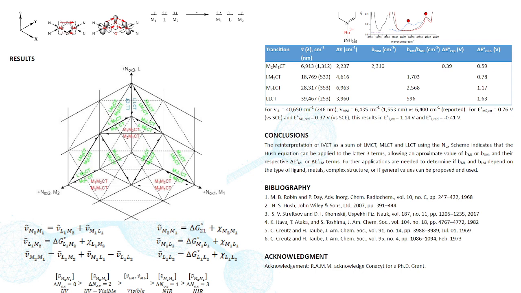which, considering that metal charge transfers are usually located in the infrared region, we find accordingly that the ligand-ligand charge transfer is located in the UV region, in the high energy region.